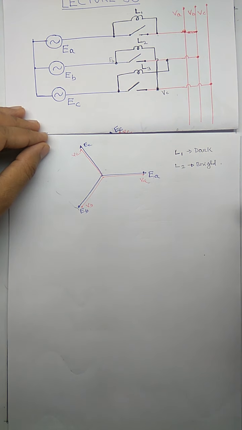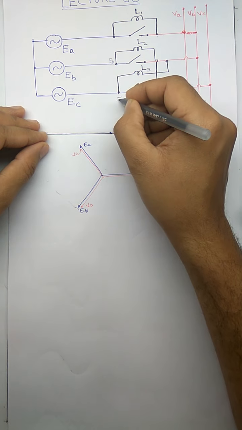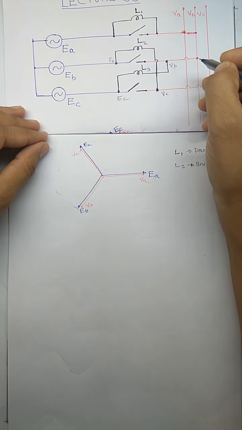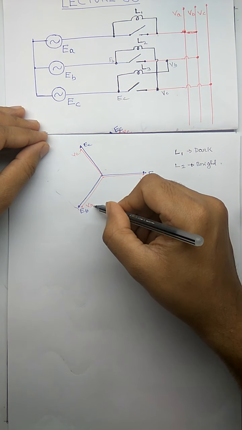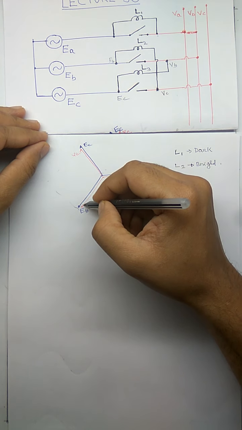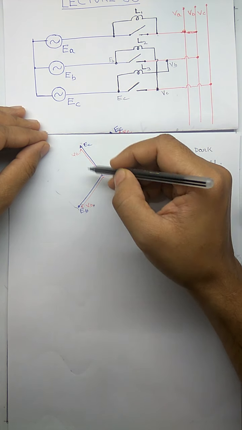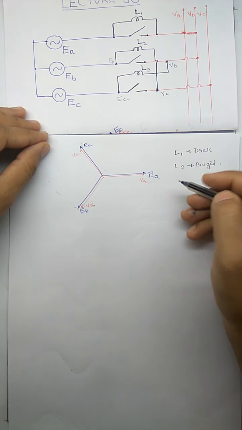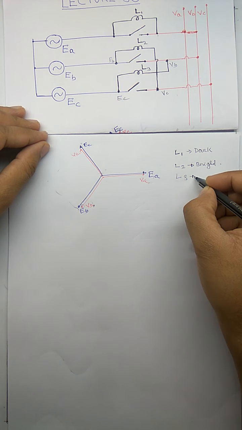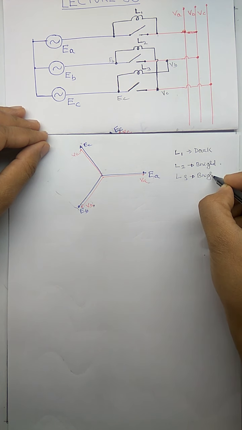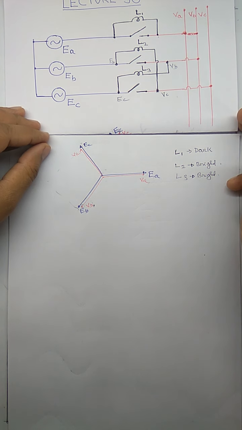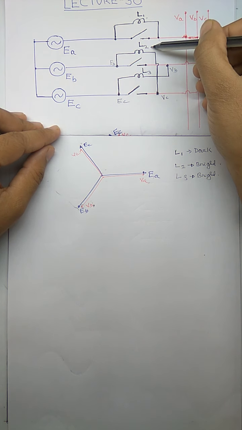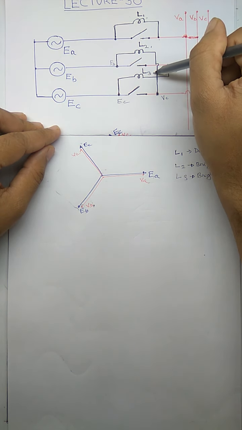What about L3? L3 is connected between EC and VB, that is between this voltage and this voltage. Again they are at a different phase, so there will exist a voltage. That's why L3 will also be bright. So under this condition this lamp will be dark, it will not glow. This lamp will be bright, it means it will glow, and this one will also glow.